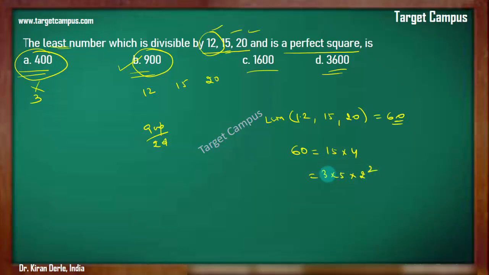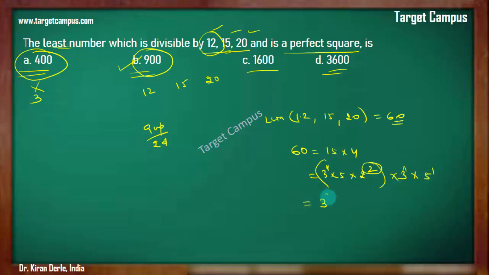If we want to make this a perfect square, we have to multiply it by 3 and 5. We are finding the least number, and for a number to be a perfect square, the powers should be even. Here we already have an even power for 2, but for 3 and 5 the power is 1, so we multiply with 3 and 5.